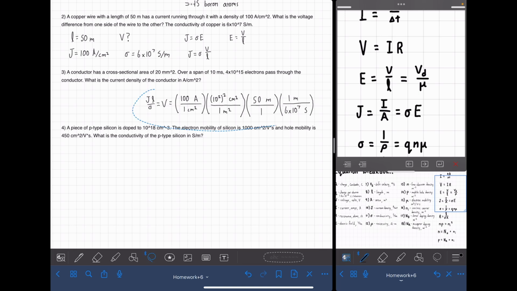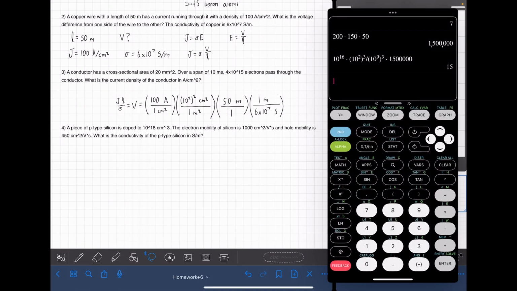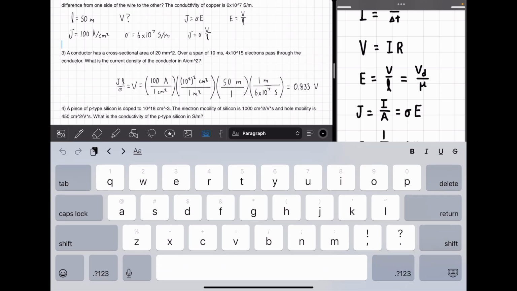And if we plug all this in, we can get our final answer, which is 0.8333 volts. Write that out. And I'm gonna go and shove this up here.